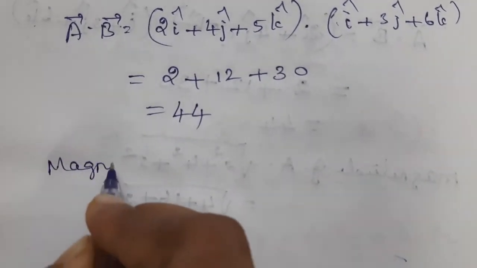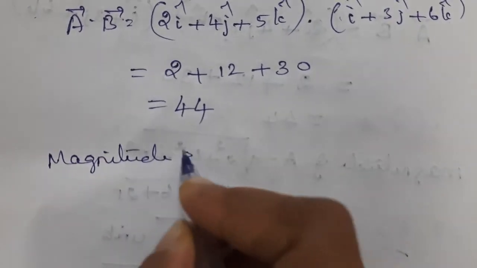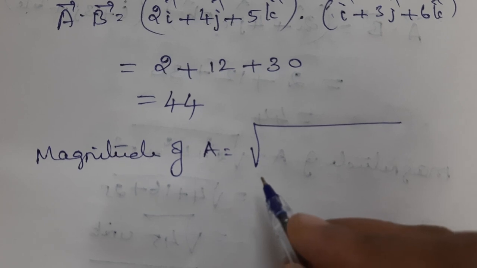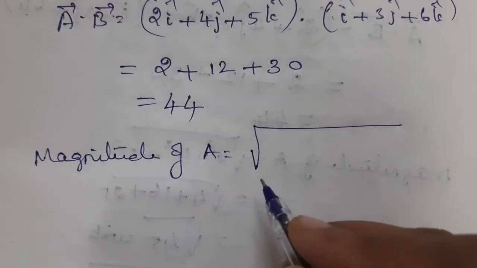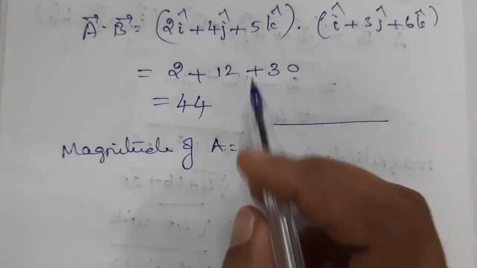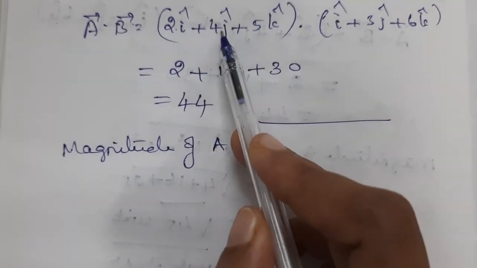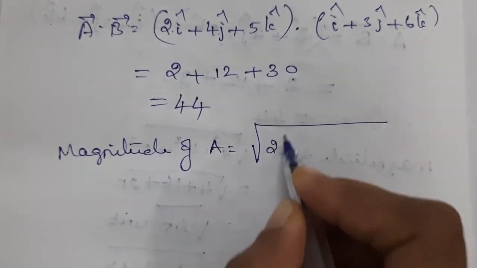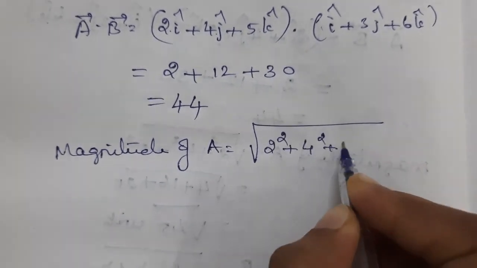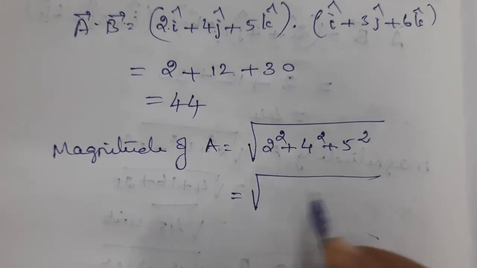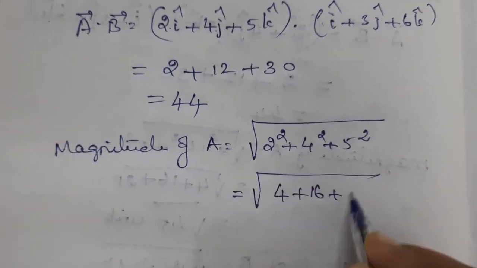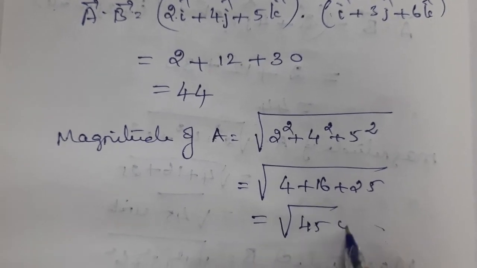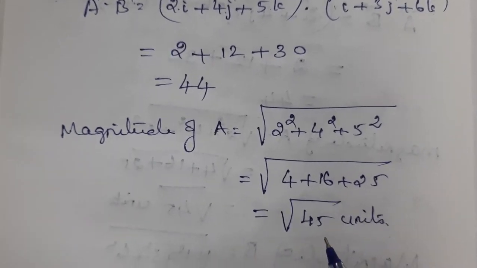Next, magnitude of A. Magnitude of A is the square root of ax square plus ay square plus az square. Ax square means 2 square, ay square means 4 square, az square means 5 square. So we can write 2 square plus 4 square plus 5 square, that is 4 plus 16 plus 25. So root of 45 units.